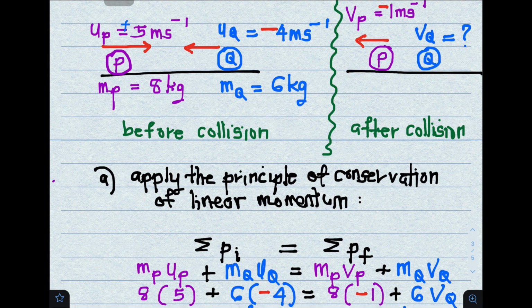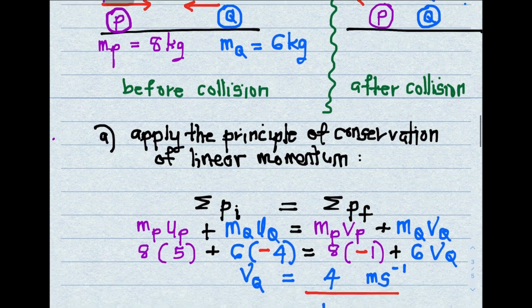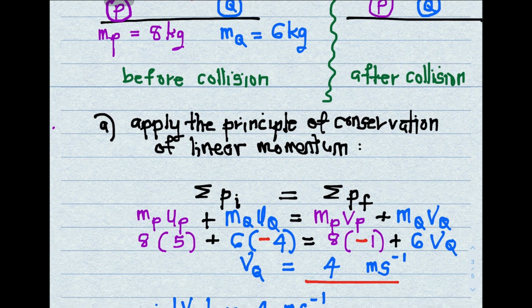Next step, we are going to substitute the value of the MP, which is 8. The value of UP is 5, positive because object P will move to the right. And MQ is 6.